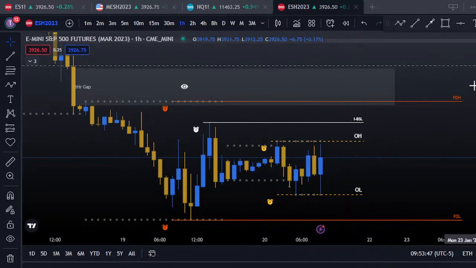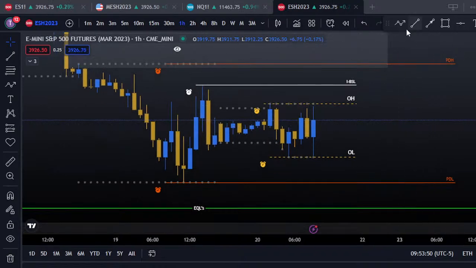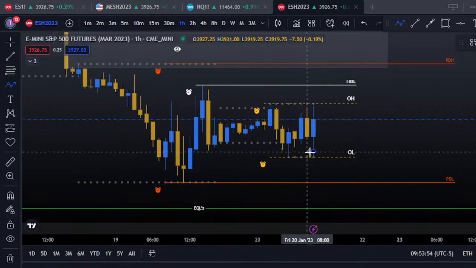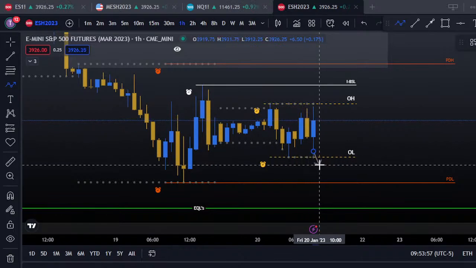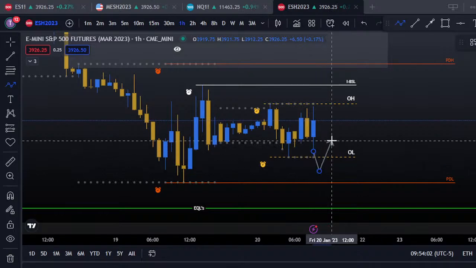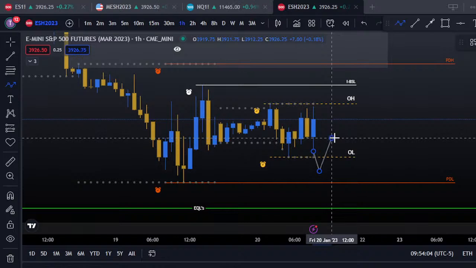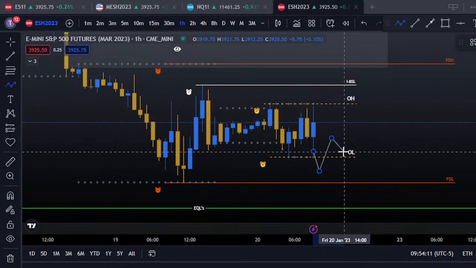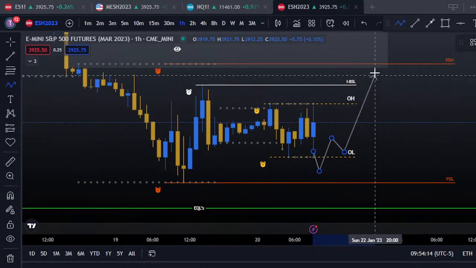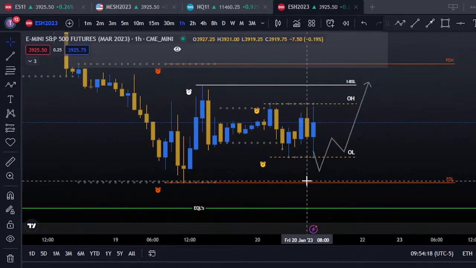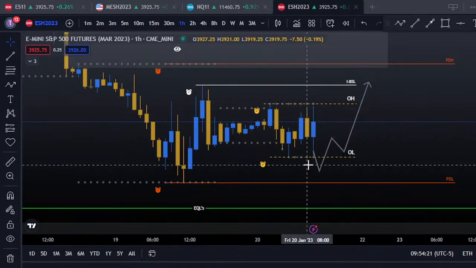come back down. Let me draw it again another way so you can see, which will make it even better. Say price comes down, violates this, price then comes back up. This would then become a breaking market structure. Price will trade back right here, so this is what we will be looking for.